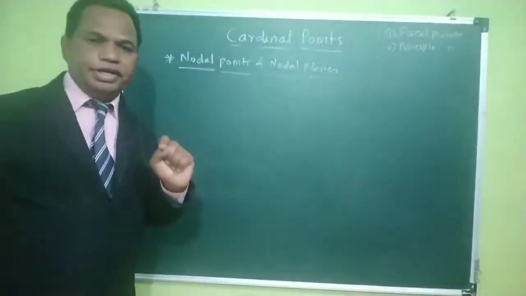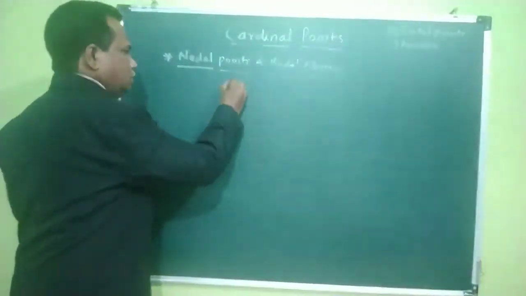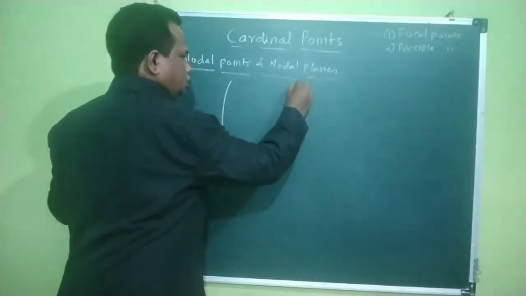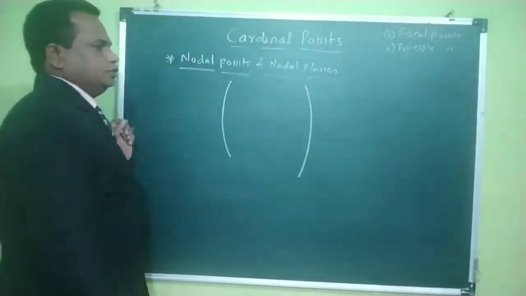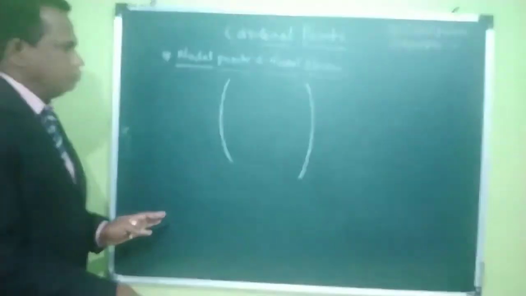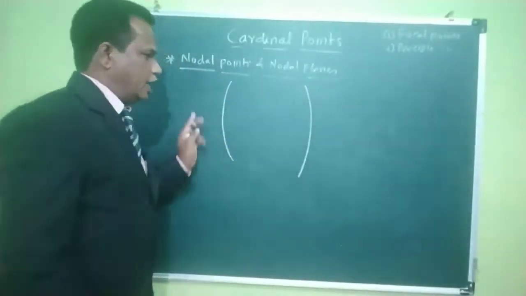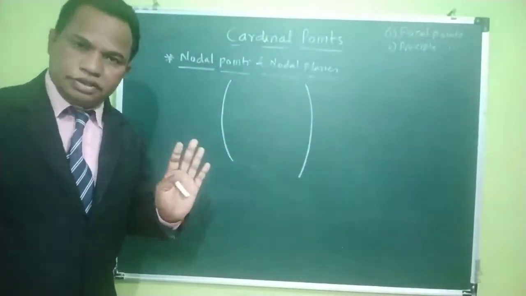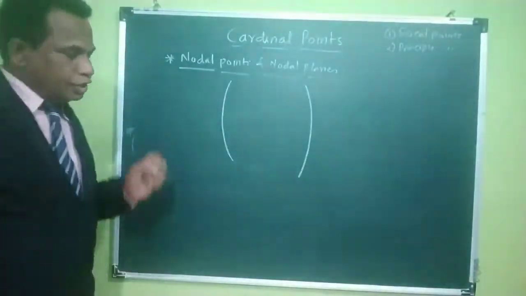To see the properties of the nodal planes and nodal points, again we are going to consider the thick lens, as considered in the last lecture. So this is the thick lens. Or there may be one lens here and another lens here, separated by a certain distance, which will also form a thick lens.